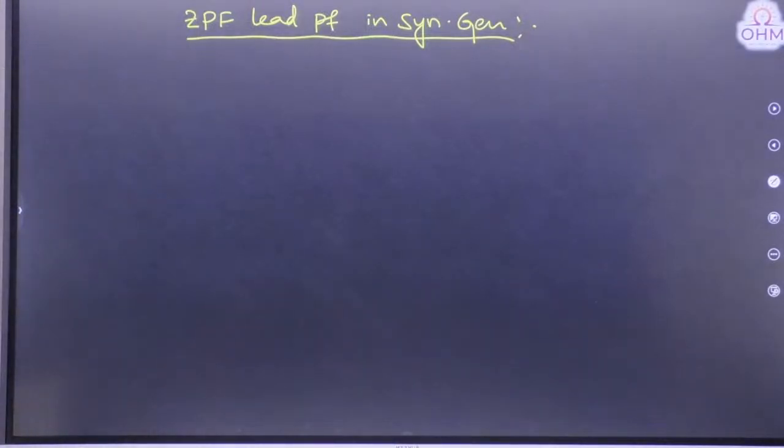Come on, 30 seconds for you, or else you just follow my instructions. If you have any rough paper with you, just take a pen and try to do the analysis. First take the main field flux as reference.